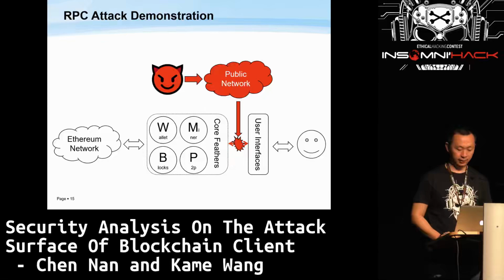Blockchain clients are usually implemented in a variety of languages, such as C++, Go, Java, and so on. The problem with C++ is obvious, since its pointers are prone to memory access errors.